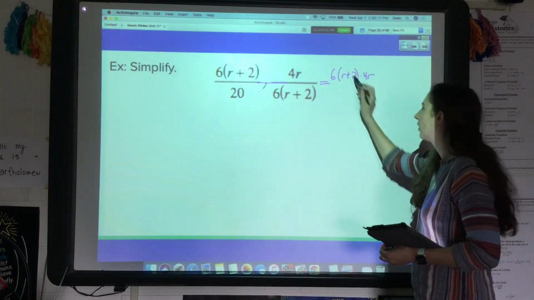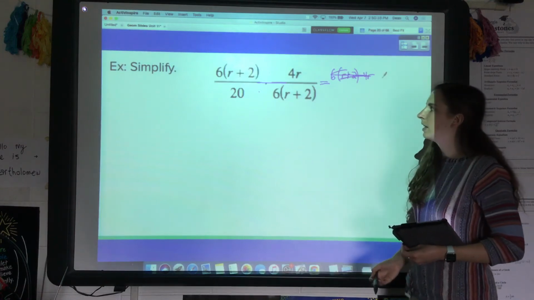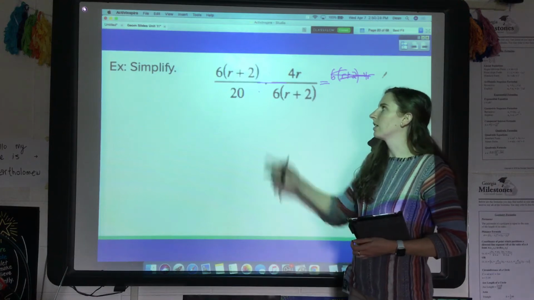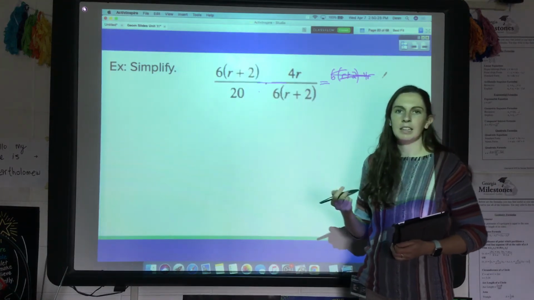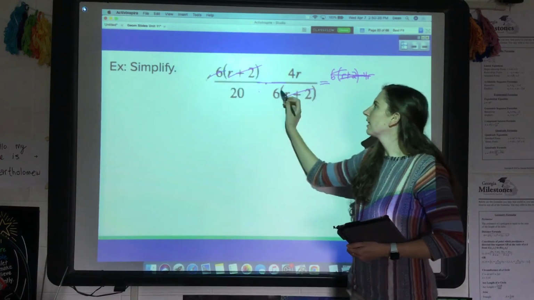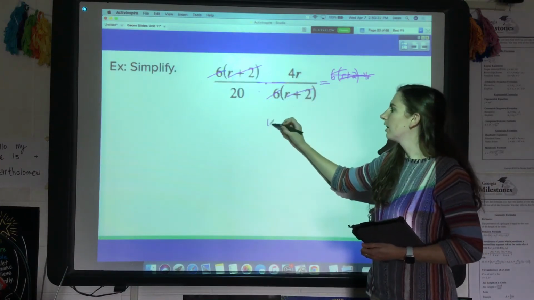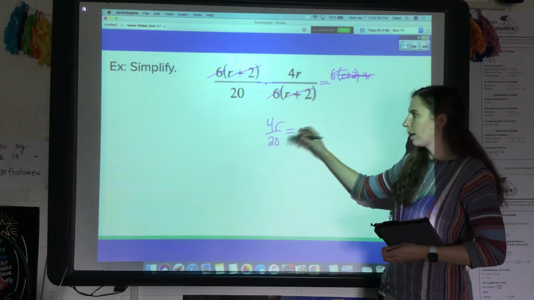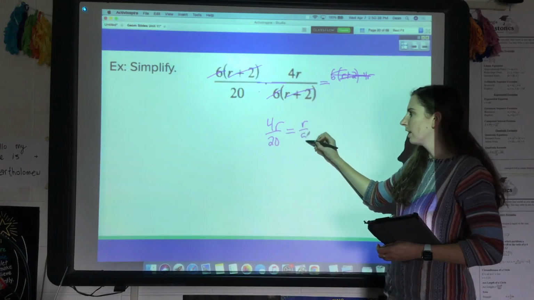Multiply, multiply. I don't even really need to write it out. And so now I'm going to look and see if I can cancel things. Since it's all just multiplication, I can cancel stuff like the r plus 2, like the 6, and now I'm just left with 4r over 20, which simplifies, divide them both by 4, and you get 1/5.